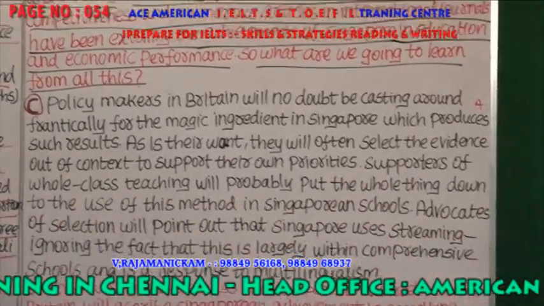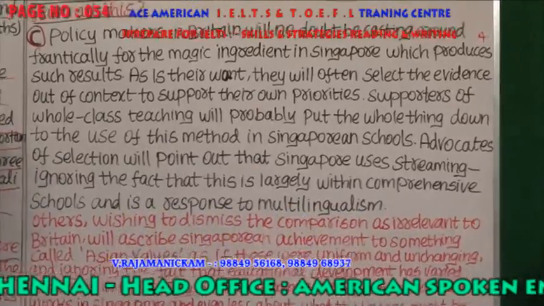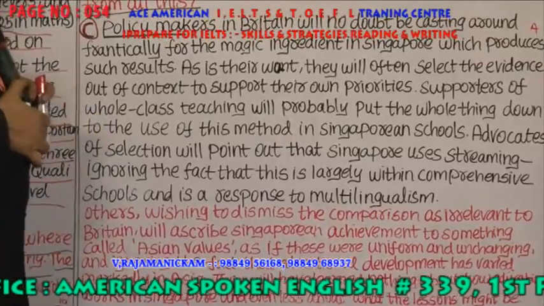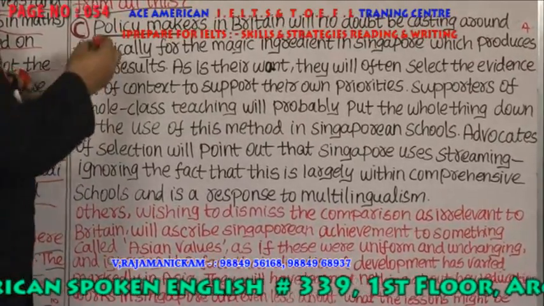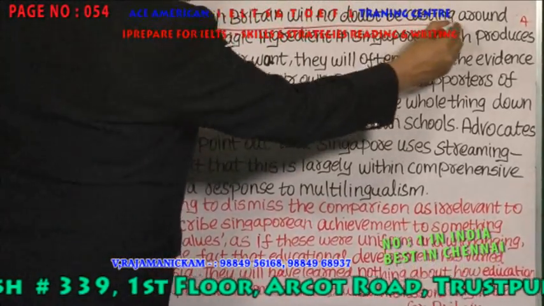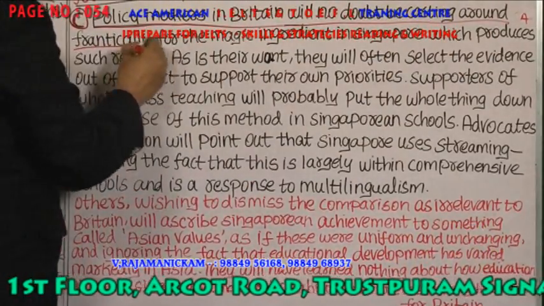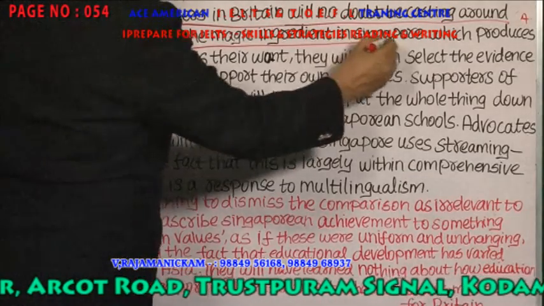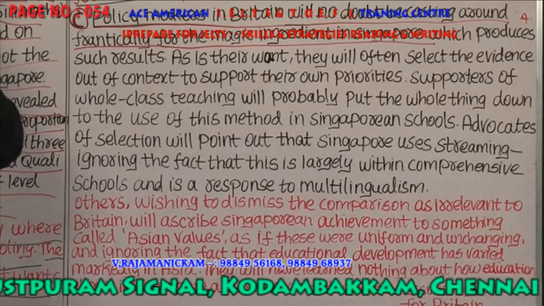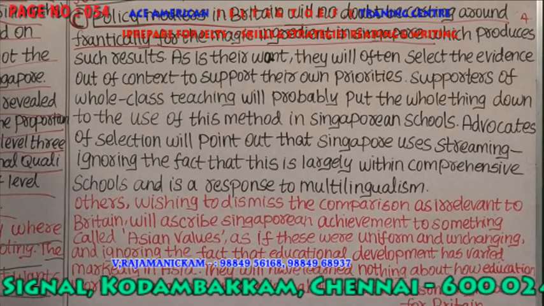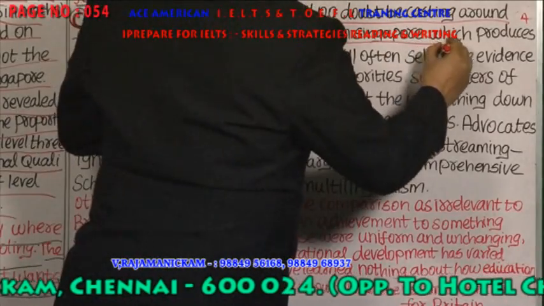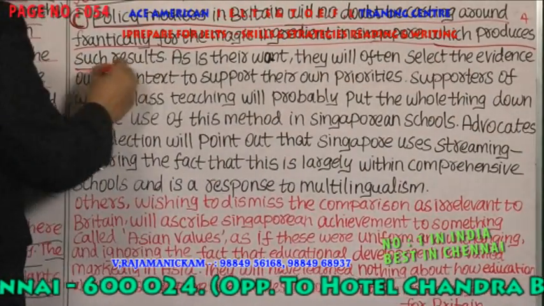Now coming to the third, C. Policy makers in Britain, the people who decide policies, will no doubt be casting around frantically for the magic ingredient in Singapore. So the policy makers in Britain will be thinking, what are the basic things which made Singapore such a wonder in the education field, which produces such results?